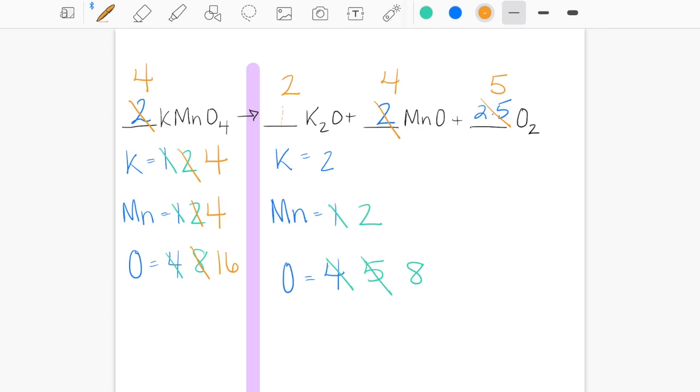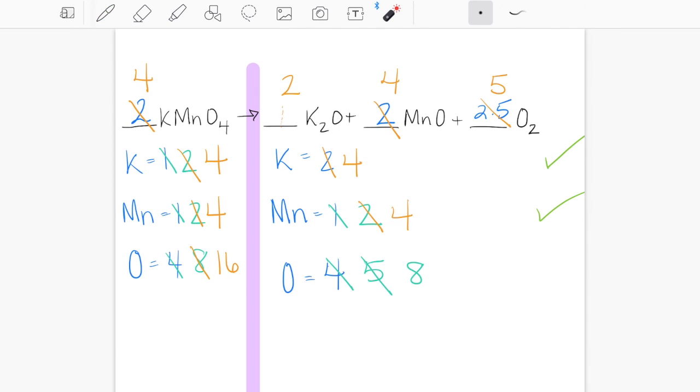On the product side, 2 times my 2 potassium will give me 4. Okay, so that is now balanced. Okay, they're matched. For magnesium, I have 4 times my 1 magnesium, which will give me 4. So those are now matching.